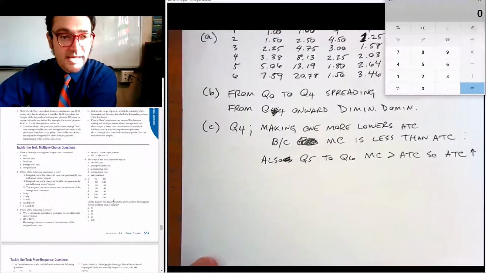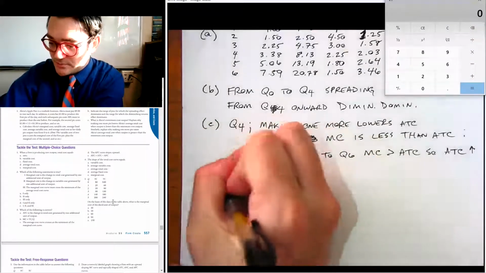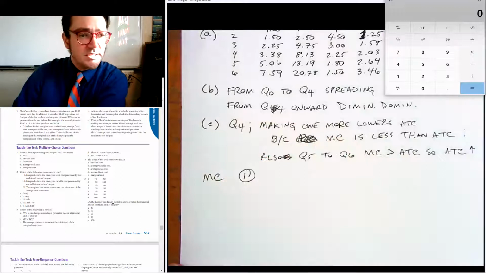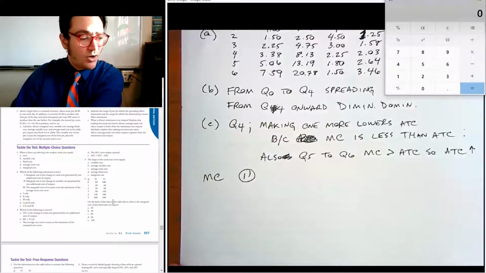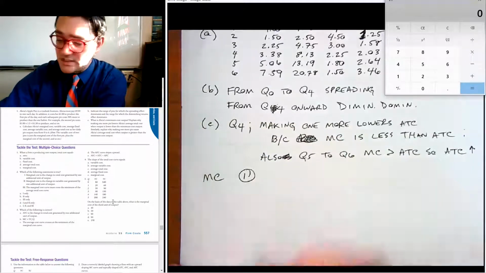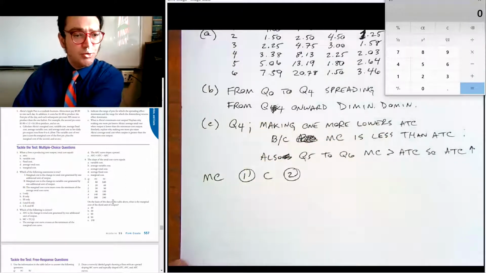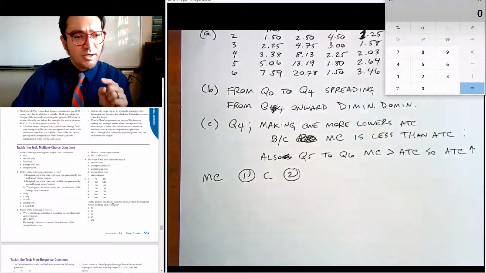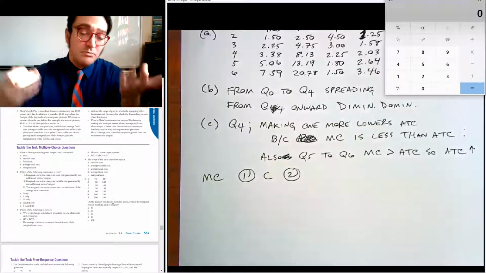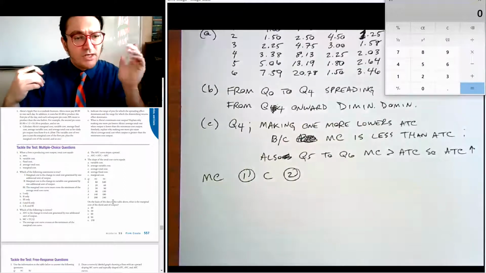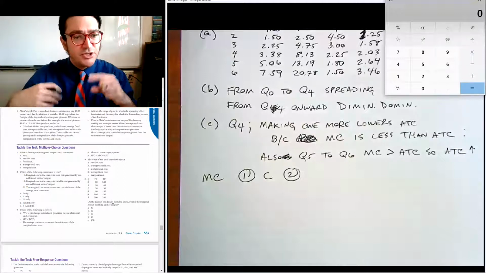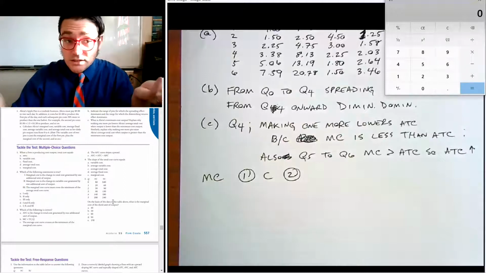Okay, let's take a look at the multiple choice problems. Number 1 says when a firm is producing 0 output, total cost is fixed cost, so it's C. Number 2, which of the following is true? Marginal cost is the change in total cost generated by one additional unit of output. That's true, sure. Marginal cost is the change in variable cost generated by an additional unit of output. That's also true.